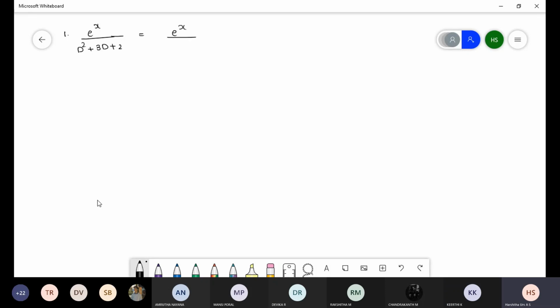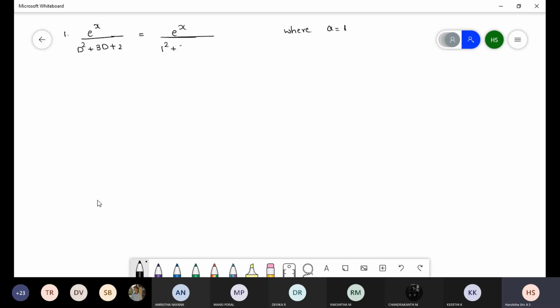e power x divided by, here you can write where a is equal to 1. As I told, D should be replaced by the value 1. Wherever D is there we have to write 1.